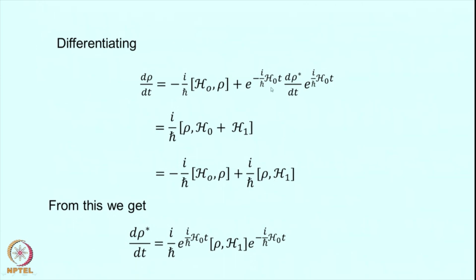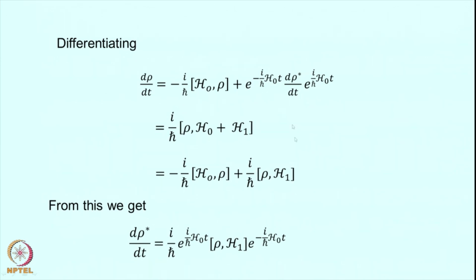Okay. So, now I want to get an equation for dρ*/dt. So, dρ*/dt, I put it on one side and then you multiply on this side by e^(i/ħ H0 t), okay, that is this, and from this side you multiply by e^(-i/ħ H0 t).